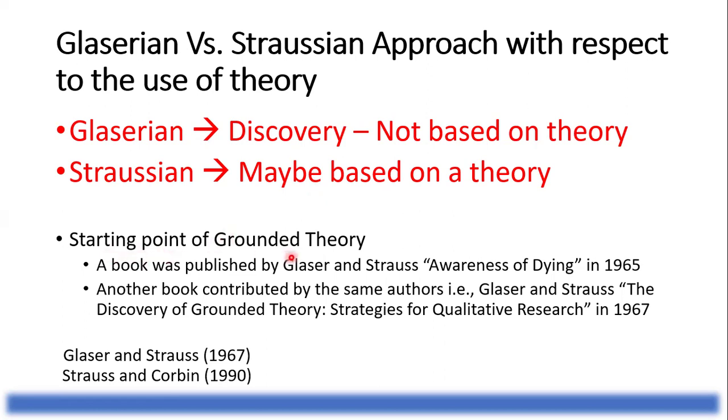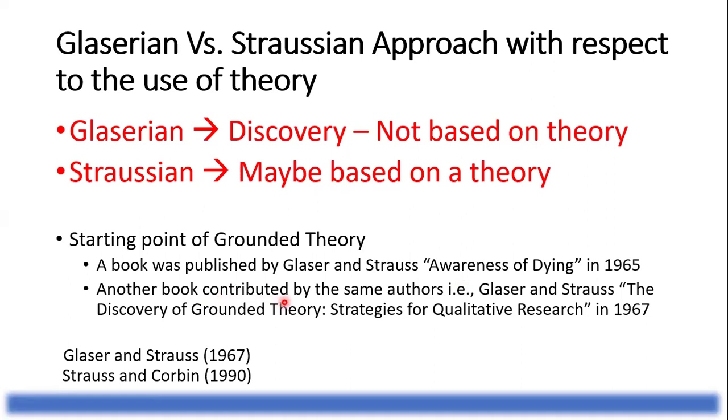So, what is the starting point of grounded theory? A book was published by Glaser and Strauss, named Awareness of Dying, in 1965. That gives an initial overview of grounded theory.